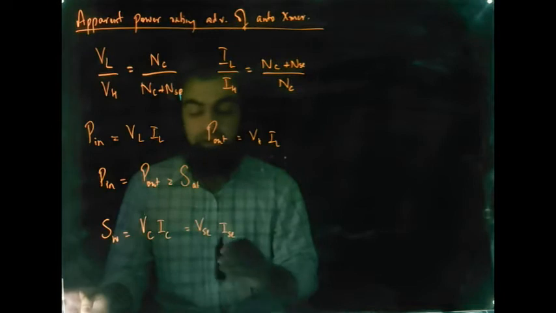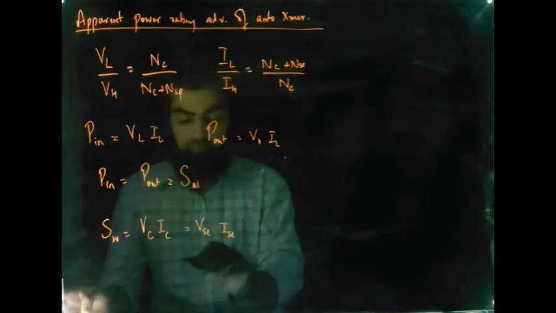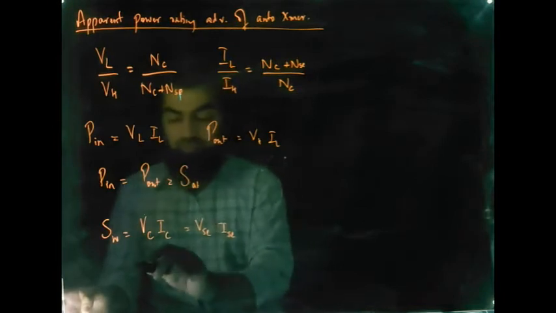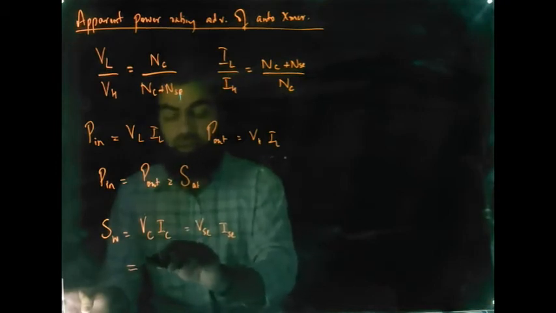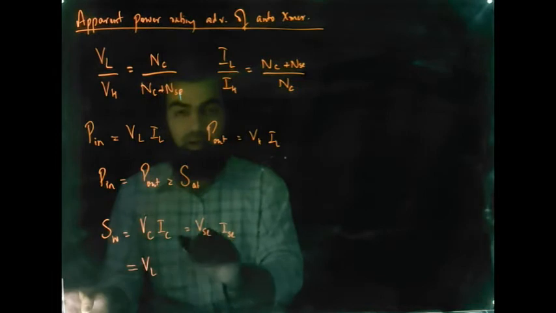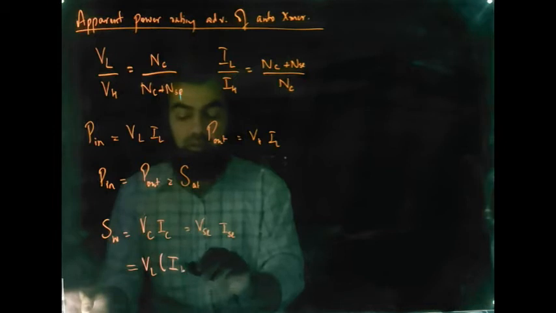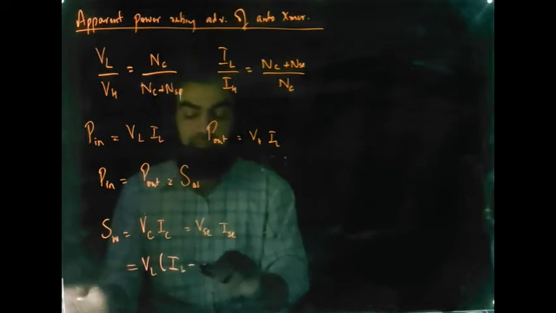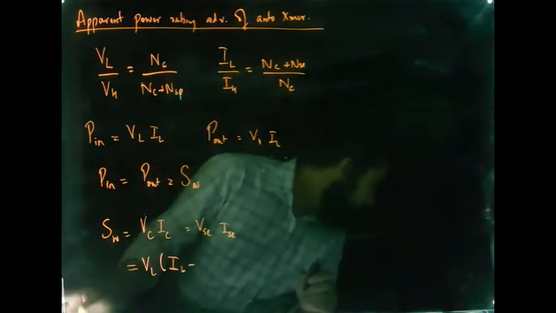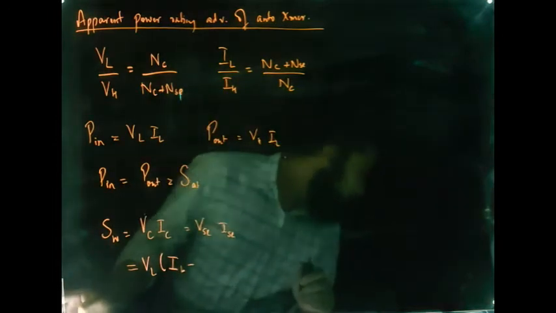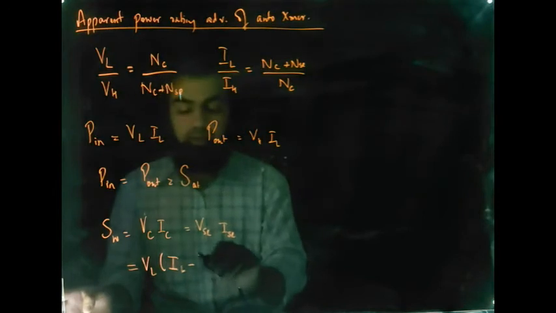Now we know here that VC is equal to VL and IC is equal to IL minus IH.